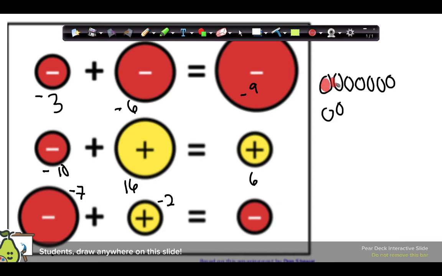So these all represent just one negative. So it's like saying 7 is 1 plus 1 plus 1, 7 times. And here's our 2 positives.